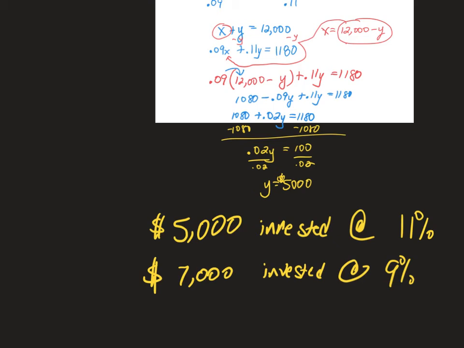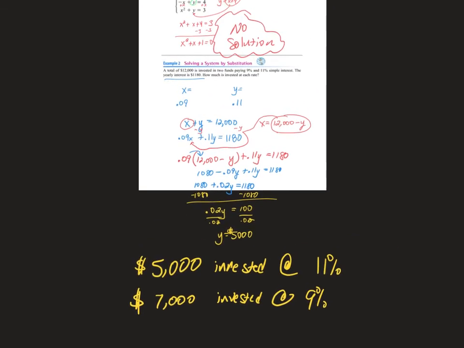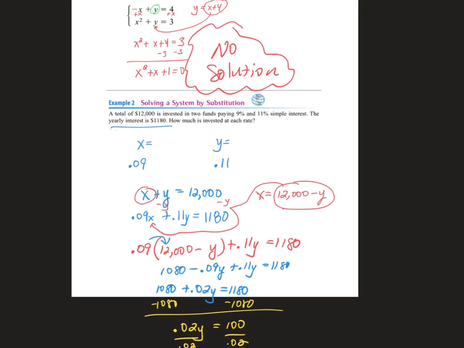If you get some random wacko number that's either super huge or super small, you know that's not right. Just go back and look where you made a tiny little mistake. But the biggest thing is to understand, I put some of these on your homework, that if you have two funds, those two funds, when they add up, should be whatever the total is that you invested. The second equation deals with the interest.